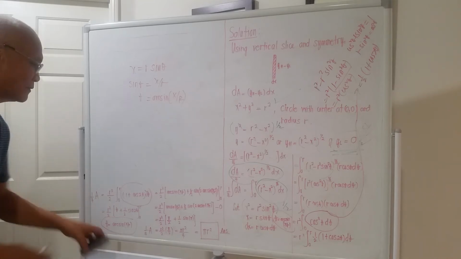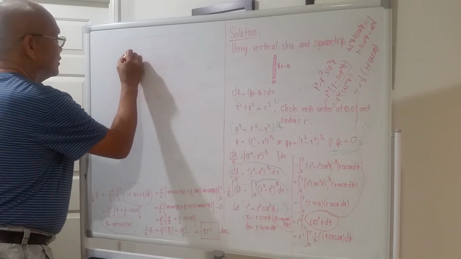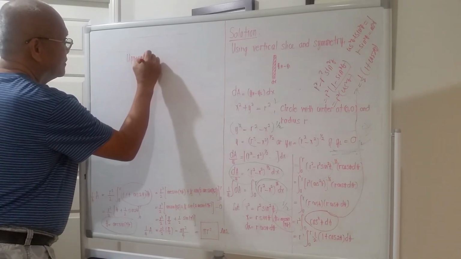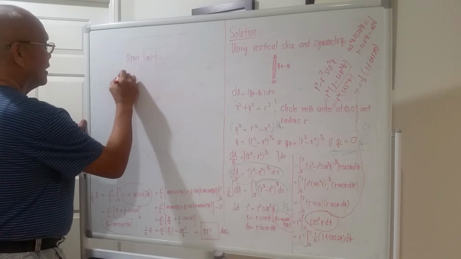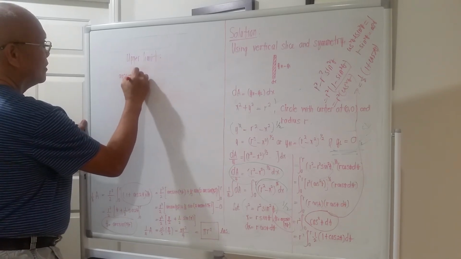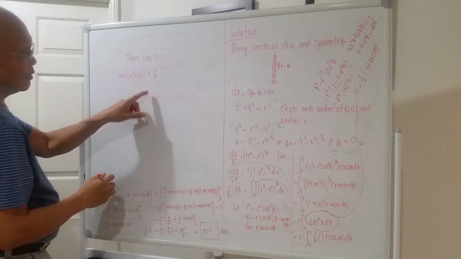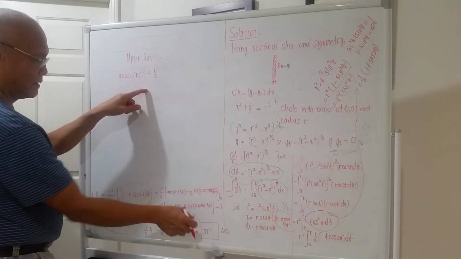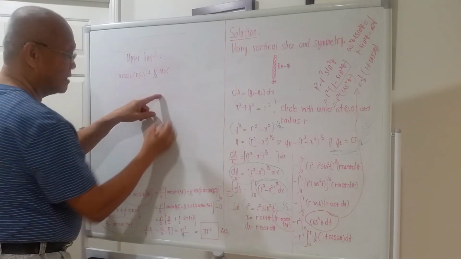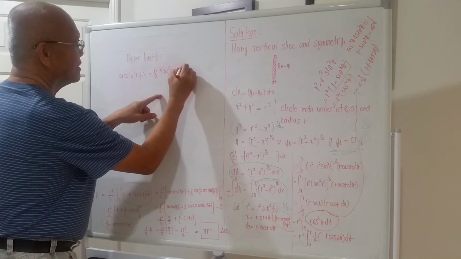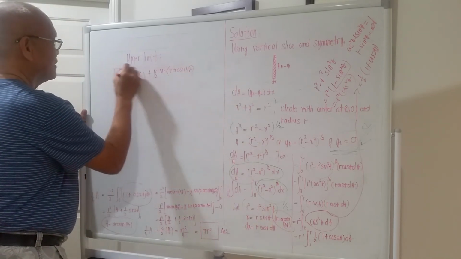If we place the upper limit, what will come out will be arcsine of r over r, plus 1/2 sine, the total angle is twice arcsine of r over r. Okay, that's the upper limit.